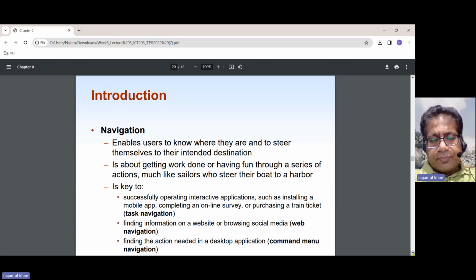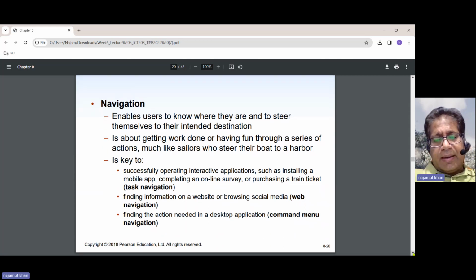Very important, so basically, to successfully operate and interact with applications, you need to install mobile applications, complete an online survey, or purchase a train ticket, which is task navigation. We're talking about finding information on a website or browsing social media, which is very common these days, and many people find it very effective as well.